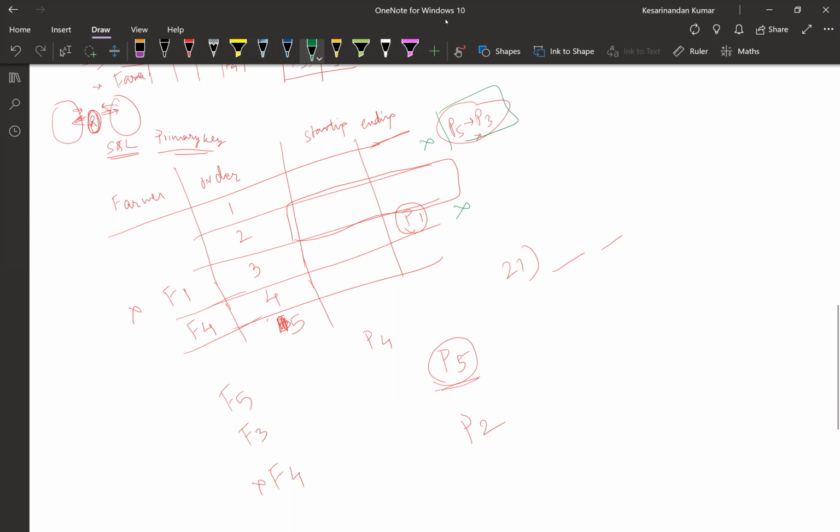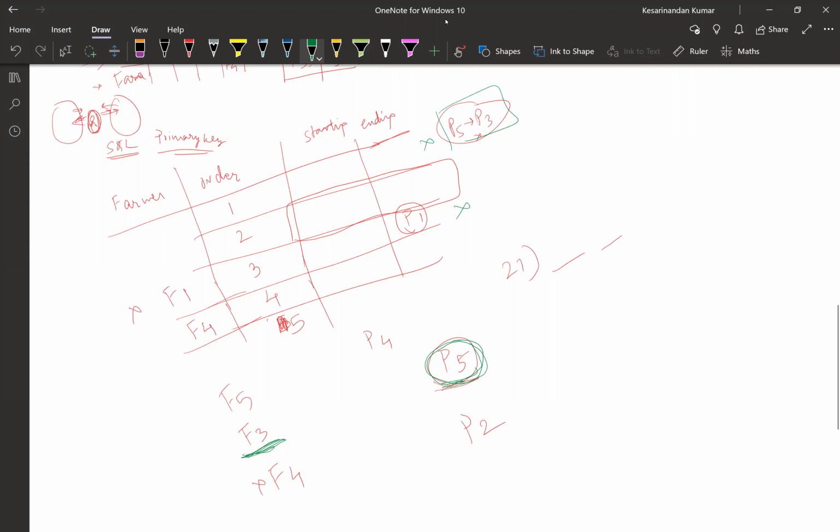So can I say, since P5 is the ending point of F3, now this is just an assumption, but we can build on this. P5 is the ending point for F3, sorry, I said the opposite.